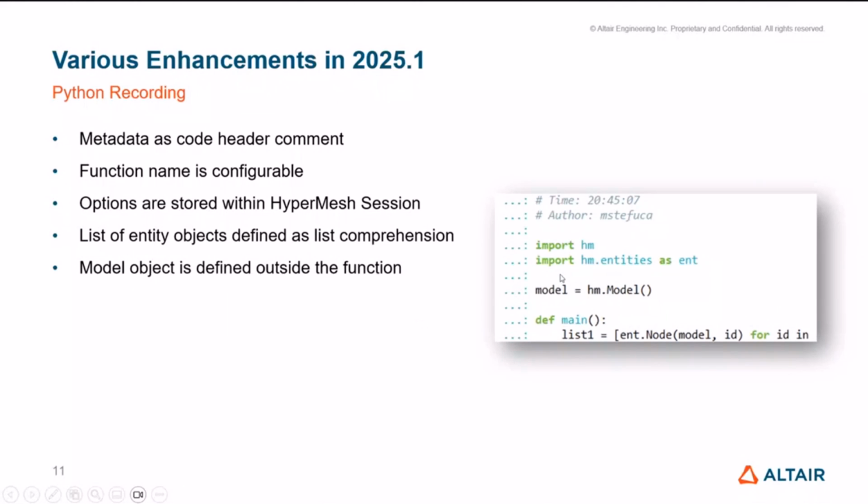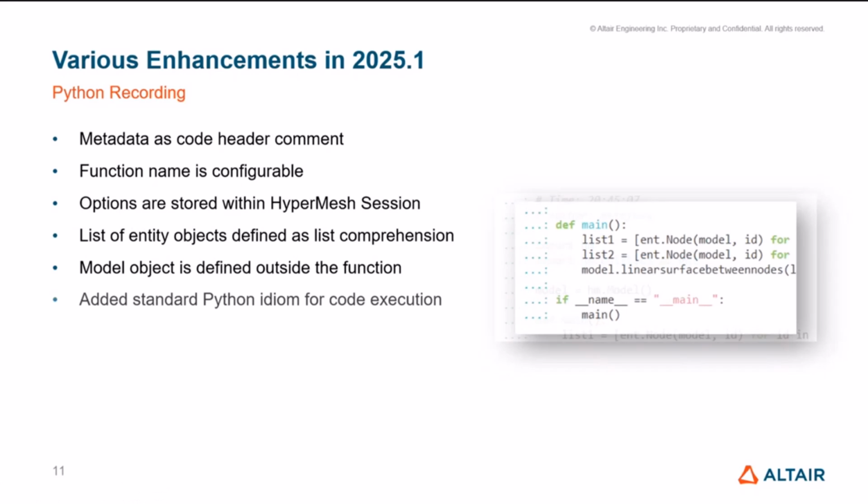We have moved the model object definition outside of the main function for various reasons, but mostly it gives you more flexibility. You can then reference the model object in the function signature as well if you want. So it should bring some nice benefits to the user.